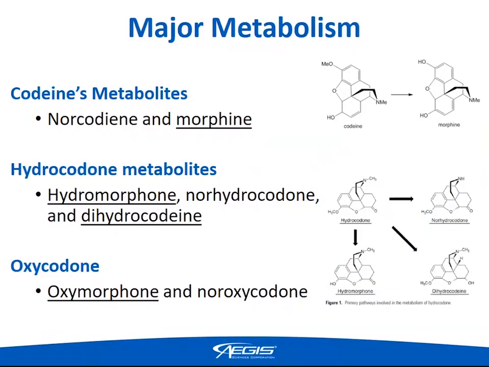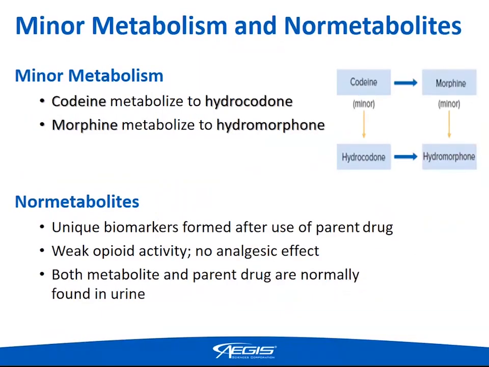Morphine, hydromorphone, and oxymorphone are pharmaceutically active and commercially available prescription drugs as well, which are products of CYP2D6 metabolism of codeine, hydrocodone, and oxycodone, respectively. A minor metabolite of codeine is hydrocodone, and morphine's minor metabolite is hydromorphone.